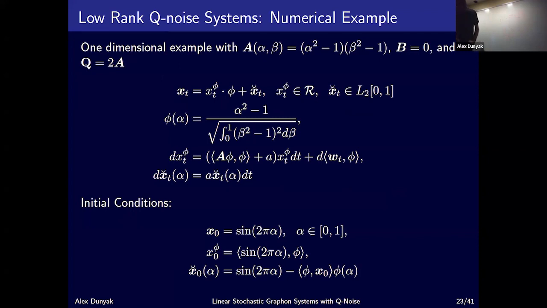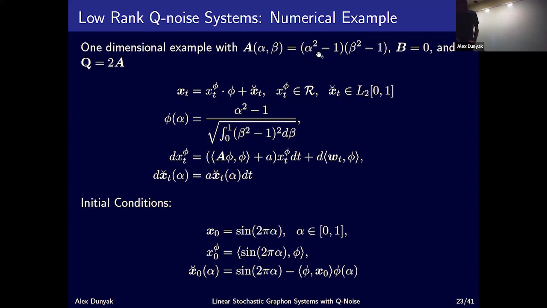So we're going to look at one particular one-dimensional example of this behavior. We're going to use the graphon A being rank one, this term alpha squared minus 1 times beta squared minus 1.